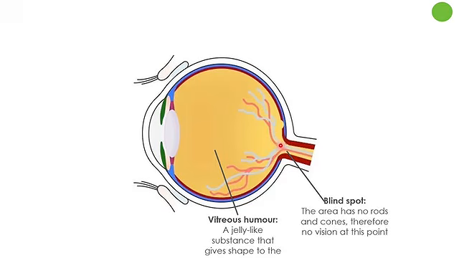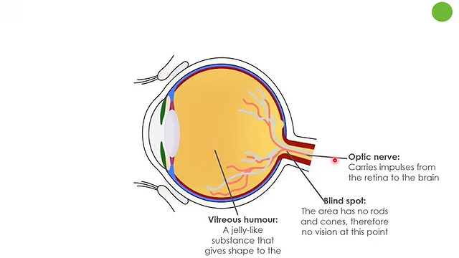If light rays fall on this area, there will be no vision, because there's no nerve cells. The whole nerve ending moves out of this area, and it is part of the optic nerve that carries the impulse to the brain.